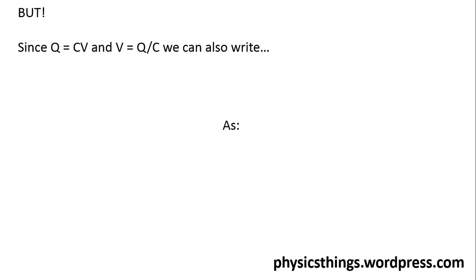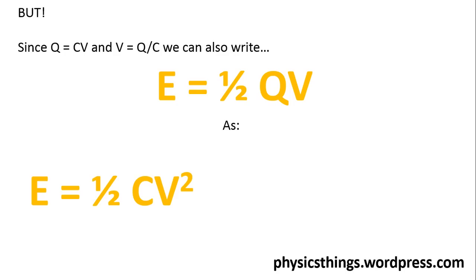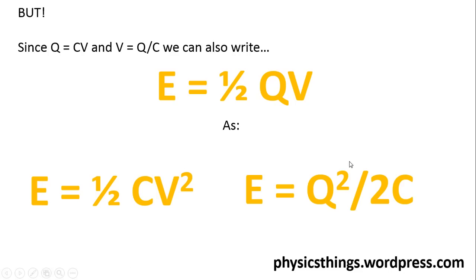So because this is a revision video, we're not going to go through the derivations, but you do need to know that not only is E equal to a half times the charge times the potential difference, but it's also equal to a half times the capacitance of your capacitor times the potential difference across it squared, and also equal to the charge on the capacitor squared divided by 2 times the capacitance, or a half Q squared over C.